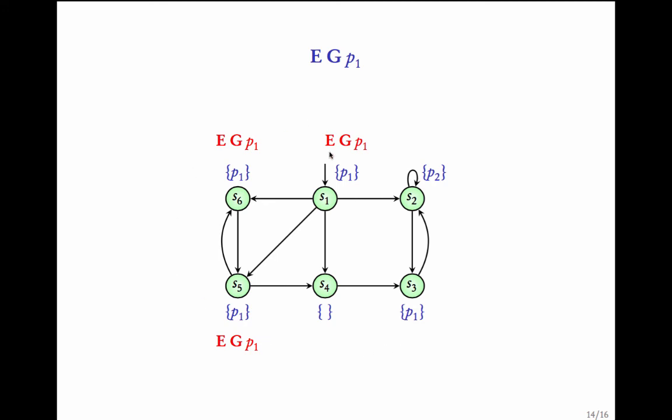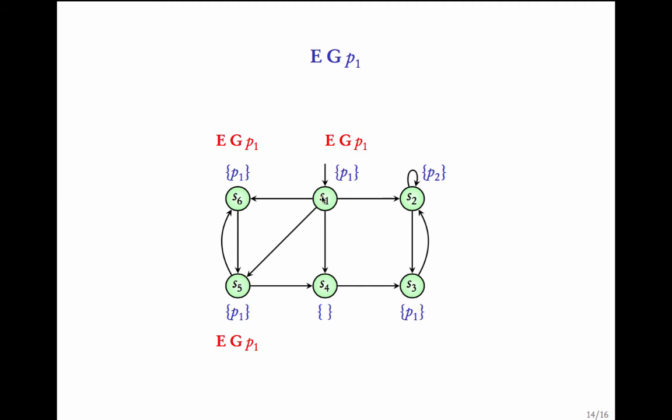Now in the rest of the states, check this property. From every state, is there an edge which leads to a state marked with EGP1? In that case, do not modify this label. With this property, these three states, the labels will not be removed and the algorithm will stop.